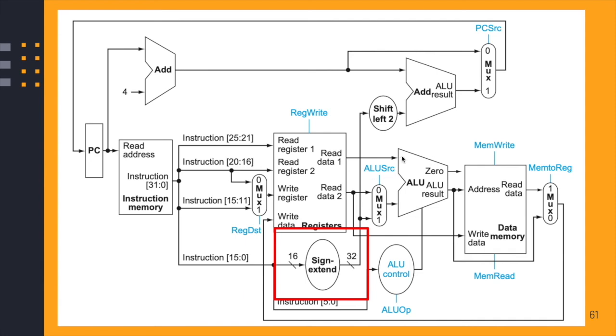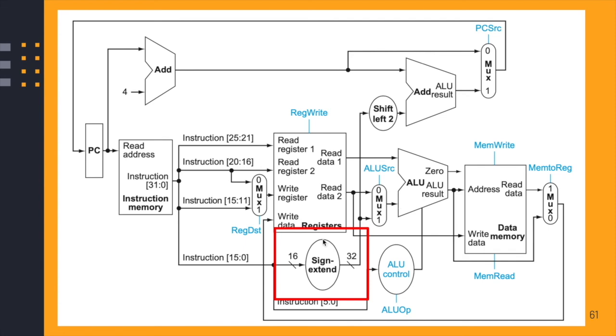So to perform any operation inside the ALU, I need to have compatible widths. Both input values to the ALU must be the same width, 32 and 32. And if the value of RS here, for example, is 32 bits, then I need to have the value of the immediate or offset be 32 bits too.